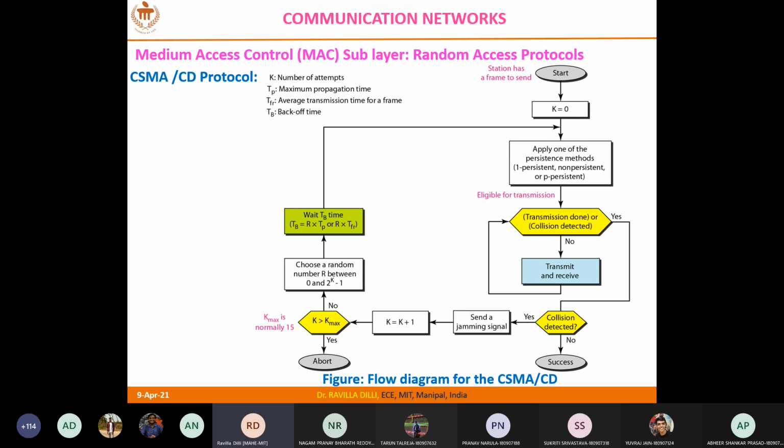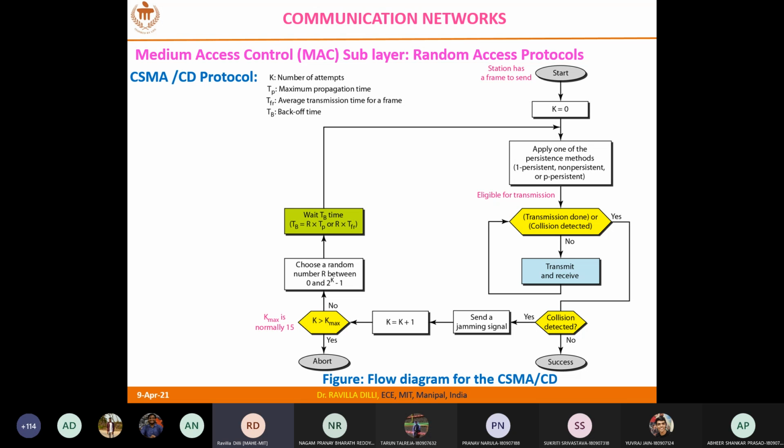This is the flowchart for that. K is the number of attempts, and you use CSMA with one of the persistent strategies to transmit your frame. While transmitting, you listen to other stations for collisions.